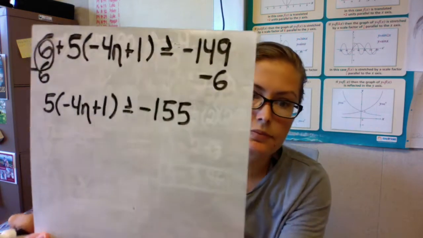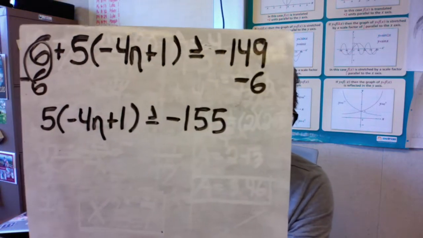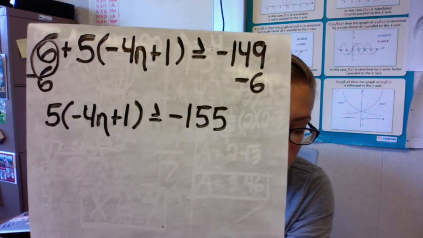So we end up with 5 times the quantity of negative 4n plus 1 is greater than or equal to negative 155. Then we're going to divide both sides by 5. So we get negative 4n plus 1 is greater than or equal to negative 31.